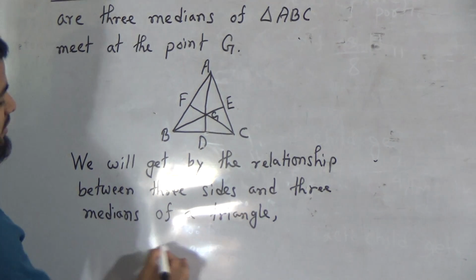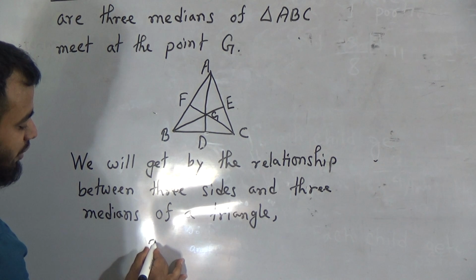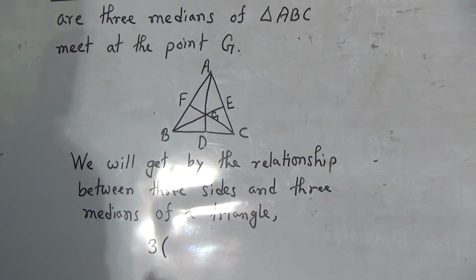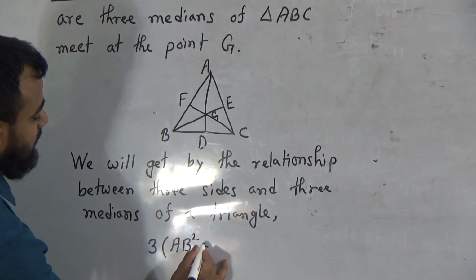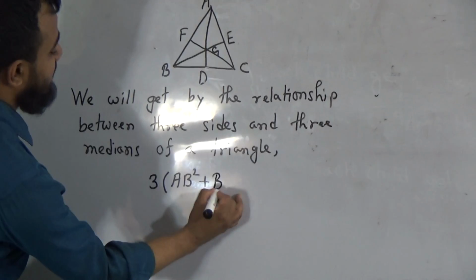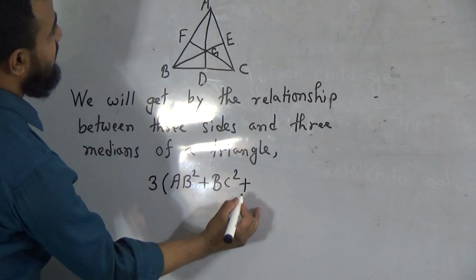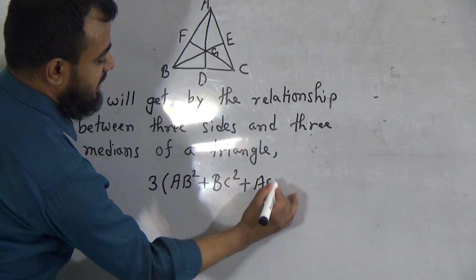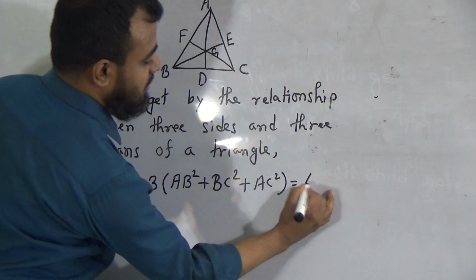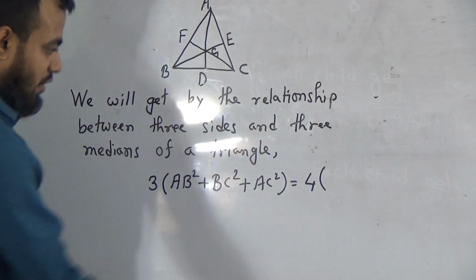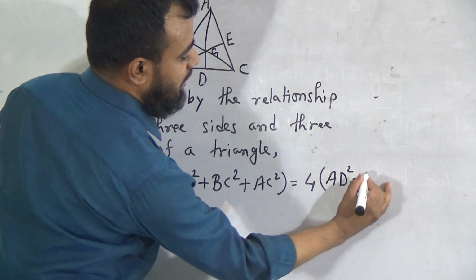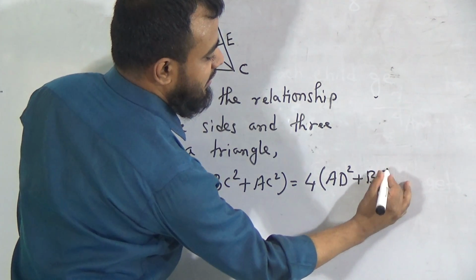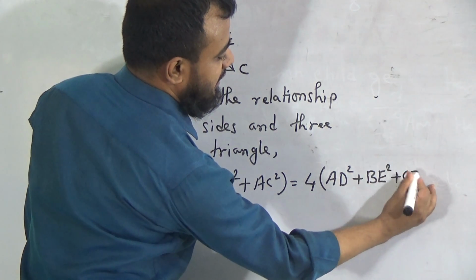Very important, my dear students: 3 multiplied by (AB square plus BC square plus AC square) equals 4 into the sum of the median squares, that means AD square plus BE square plus CF square.